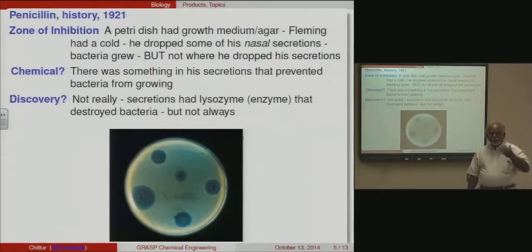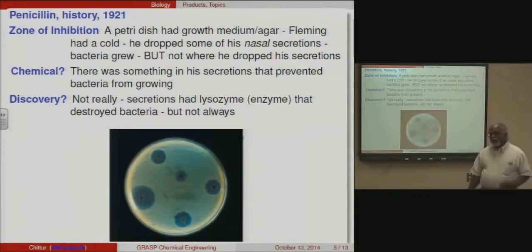Okay, a little bit of history with penicillin. I encourage you to read up about it. It was sort of discovered by accident, if you will. It started in 1921 when the scientist noticed that there was a petri dish where the bacteria were growing, and then he dropped something. It turned out to be some of his nasal secretions. He wanted to study it and take a look.